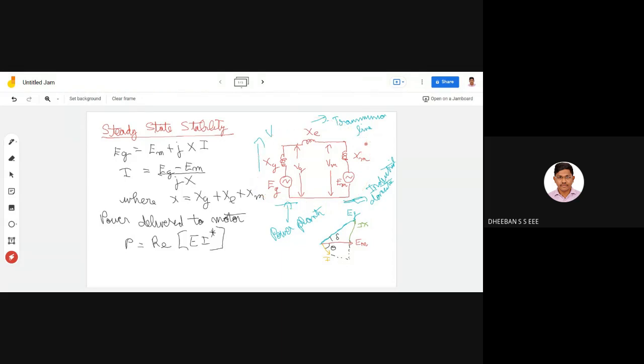You can just put the KVL and you will get this equation. But here you have to know the phasor difference between the supply side and this EM, which is necessary for the rotor rotation of this generator. So that is your rotor angle del.